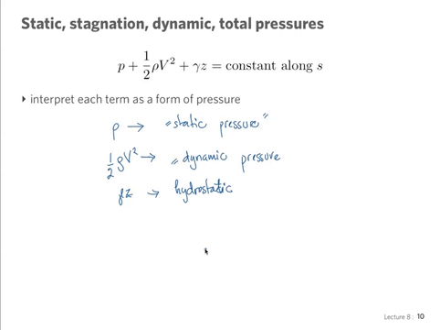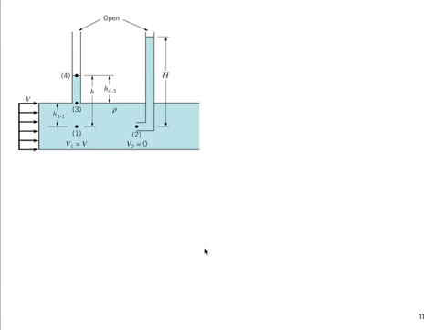And so let's see this in a more physical situation. Let's consider this case here. We have a fluid coming inside a pipe, and we have some piezometer. We've discussed before the ways of measuring pressure.